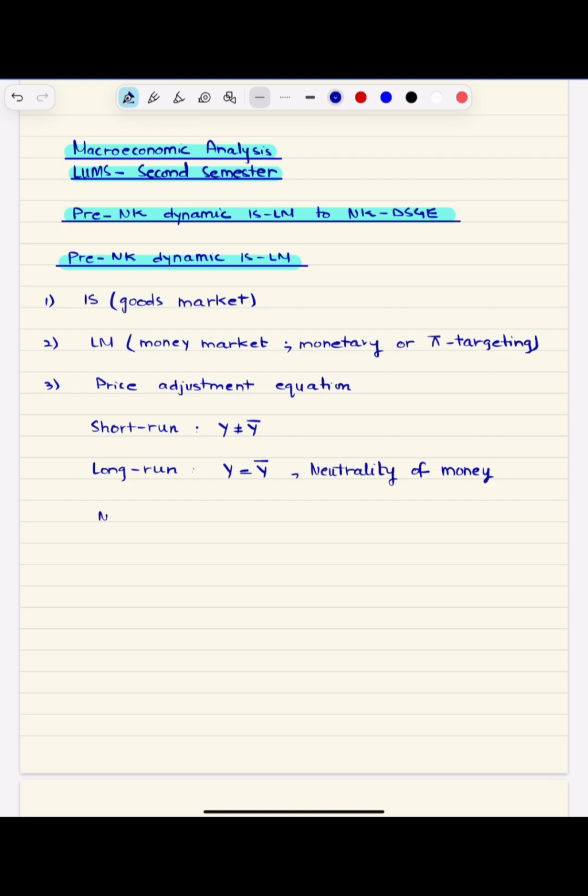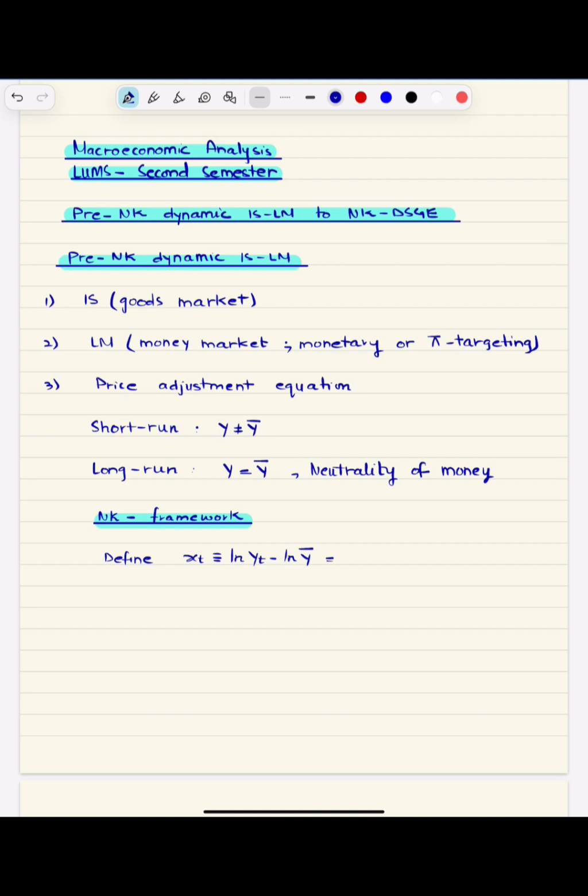So what happens in the new Keynesian framework? Let's discuss that. In the new Keynesian framework, we're more interested now in the deviations of output from its steady state. So what we do is we define a variable xt, and we say that it is log of yt minus log of y bar, which is basically just the deviation from the steady state.